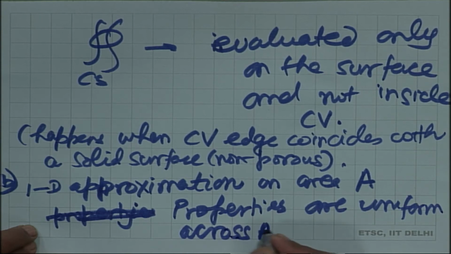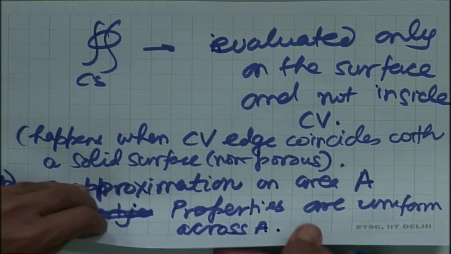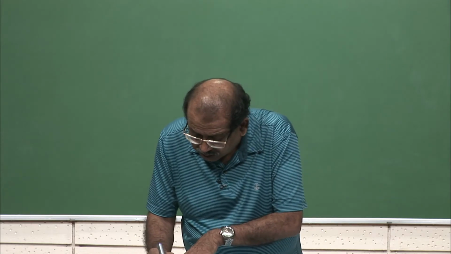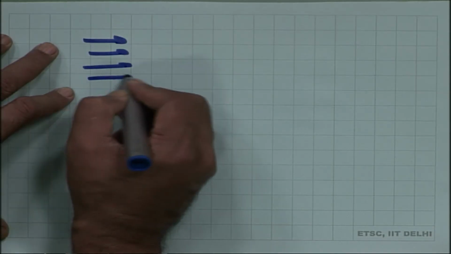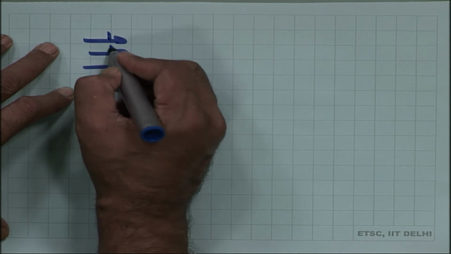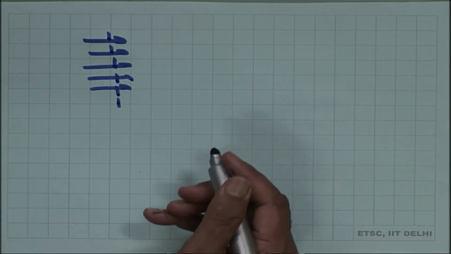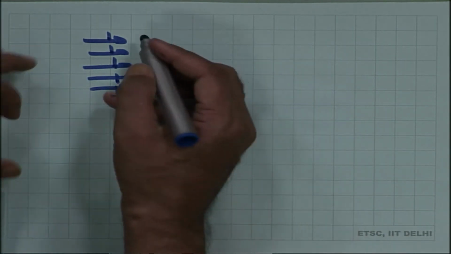And the other thing which we see is, suppose fluid is crossing like this and this is the area A. So, if properties are uniform, then we will get something.